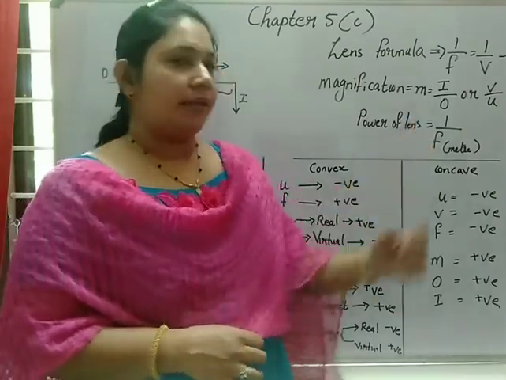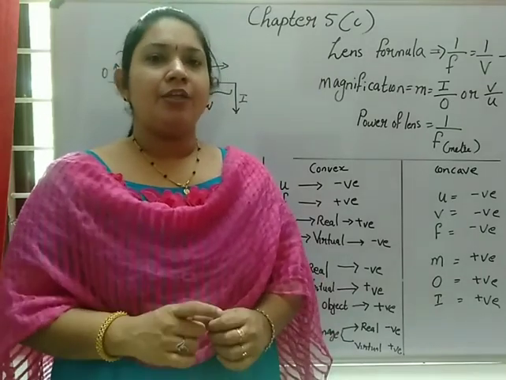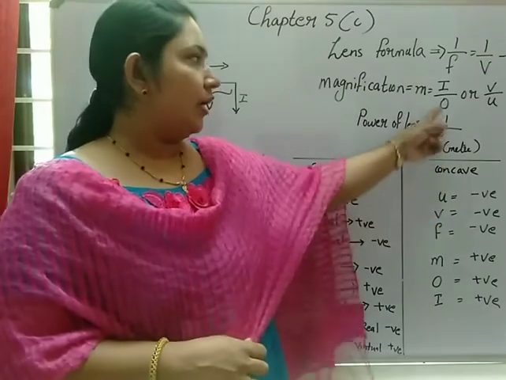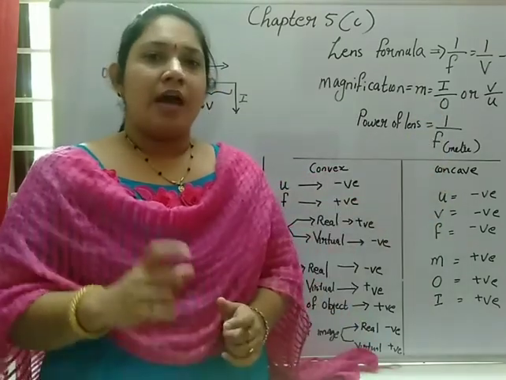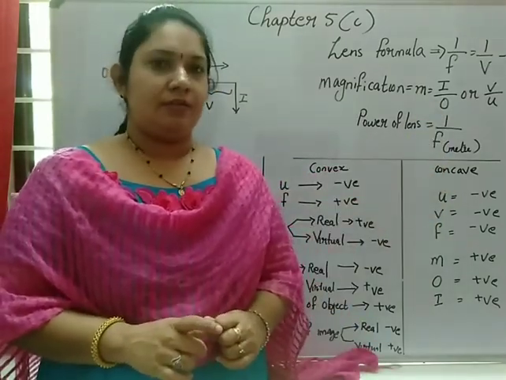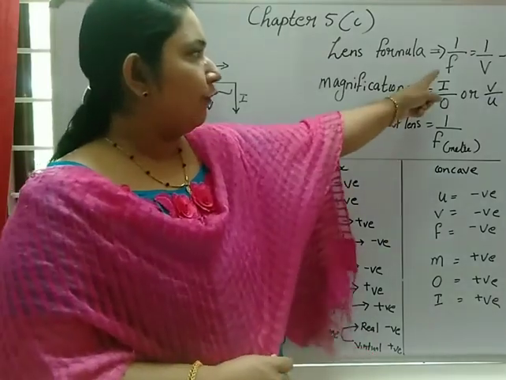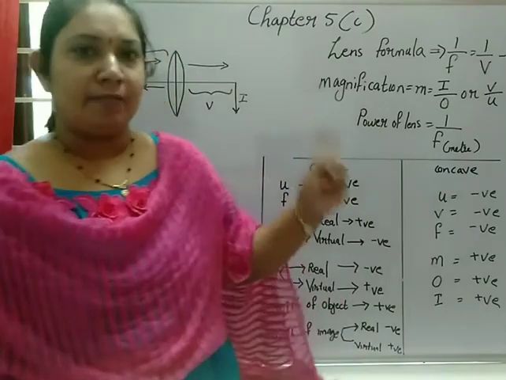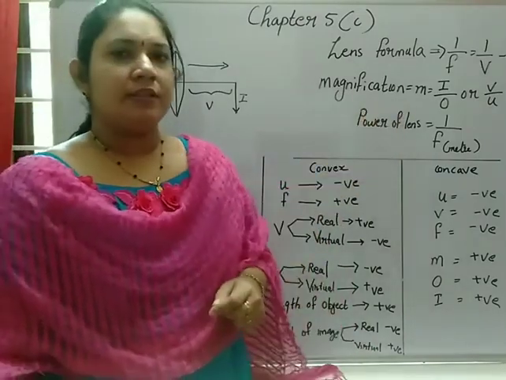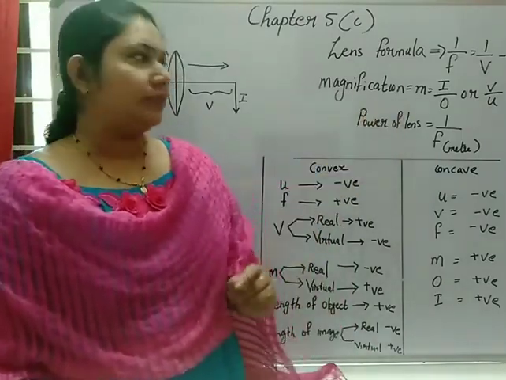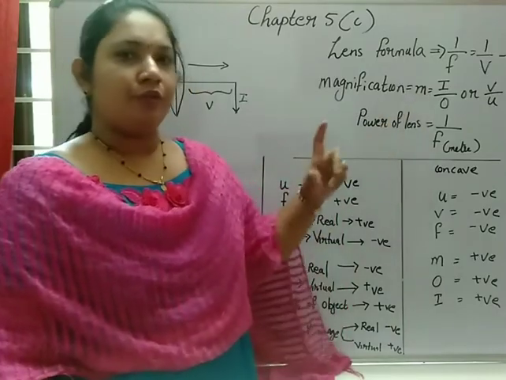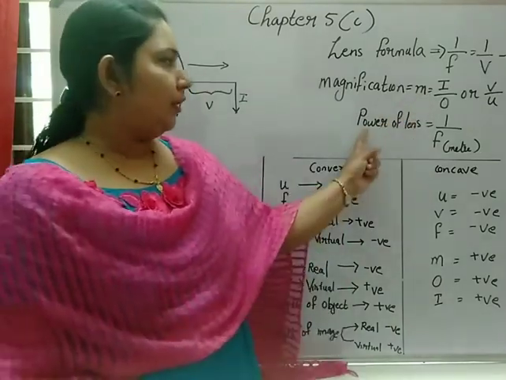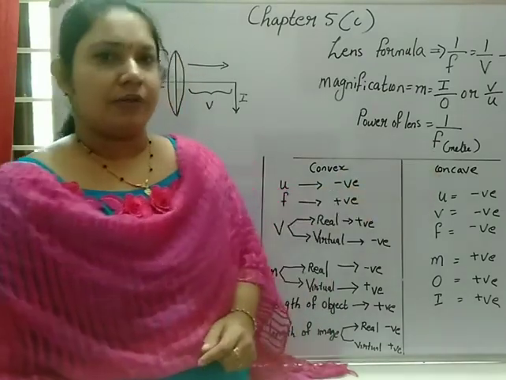And we have I, which is the height of the image, and O means height of the object. So I think it is clear. F, focal length. V, distance between lens and image. U, distance between lens and object. I is the height of the image. O is the height of the object. P is the power. F is the focal length.